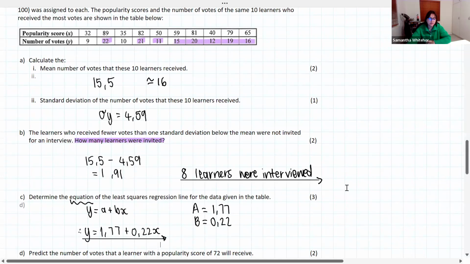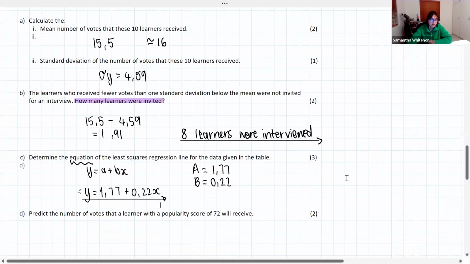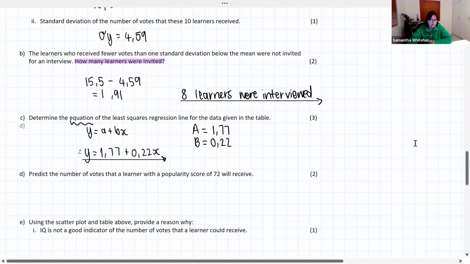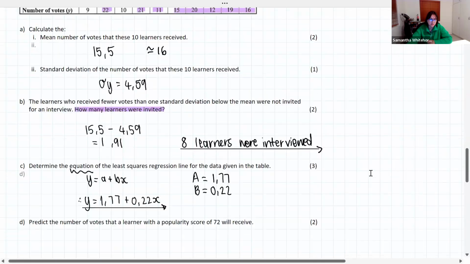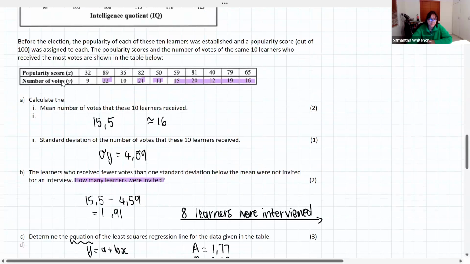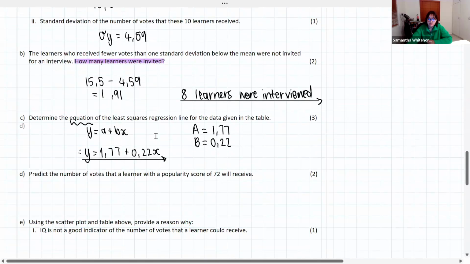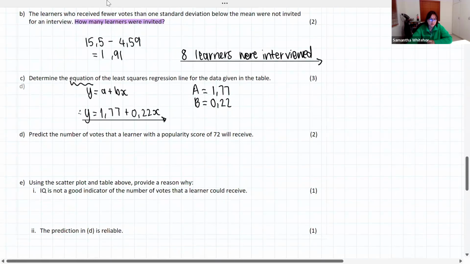Right, now that you have that, remember you can start making predictions. So question D is saying predict the number of votes that a learner with a popularity score of 72 will receive. So remember, popularity score was X, number of votes is Y. I'm going to give you 2 minutes.